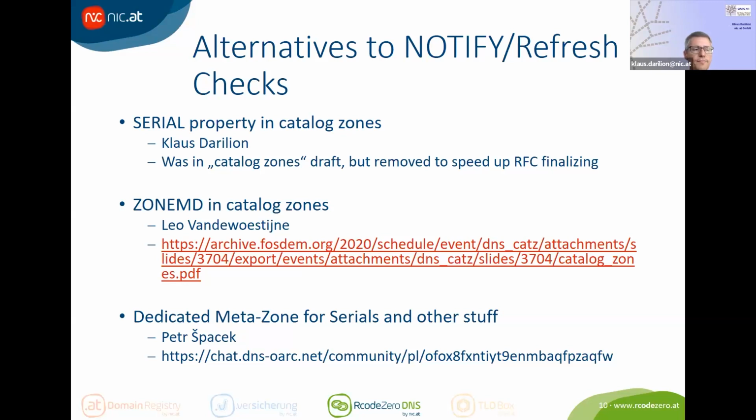Because if I add the serial to the catalog zone, then the catalog consumer automatically can read what is the serial on the master, and it can compare it locally. So there is no need for notifies, and there is no need for a freshness check.